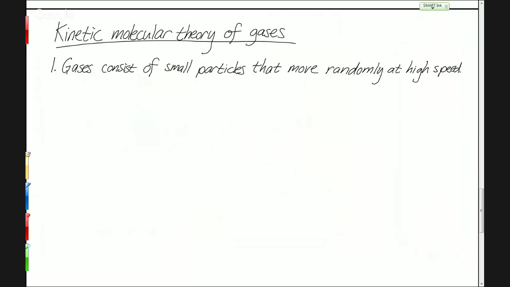So gases are tiny particles that are always moving and not moving in the same direction, moving in random directions all the time. So always moving really fast, and in random directions, any directions.